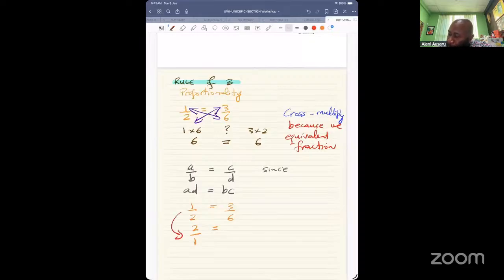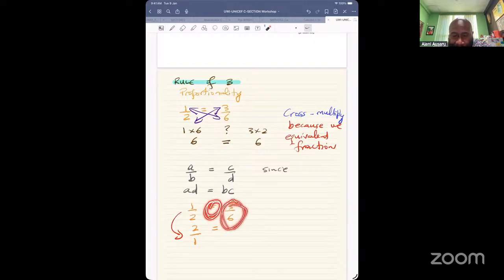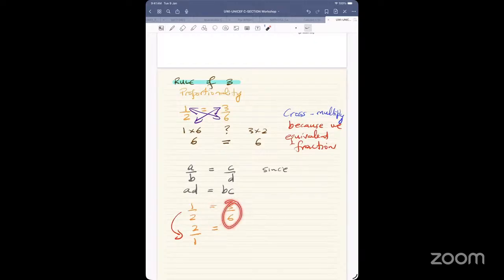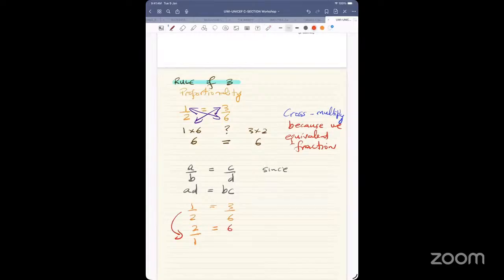So what did I do here? What did I do to 1/2? I have 1/2 here, and now I change it to 2/1. You flip it. And in order to keep the balance, what do I have to do? Flip the 3/6. Reciprocate. Right. So now it becomes 6/3. Beautiful.